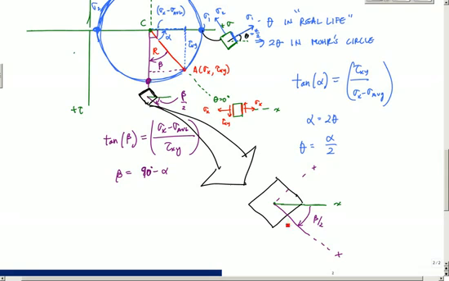This is a positive tau, so it would be in this direction, and here this would be my tau max, and I would have here an equilibrium, tau max. And the normal stresses in this case, this point at C, is just sigma average. And here this is just sigma average, and it doesn't matter what side I'm on for this maximum shear stress, it's always sigma average. Right, I love Mohr's circle.